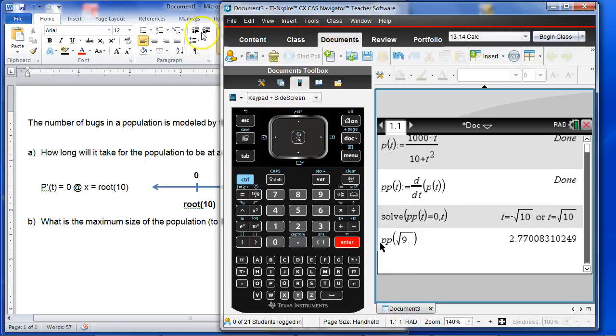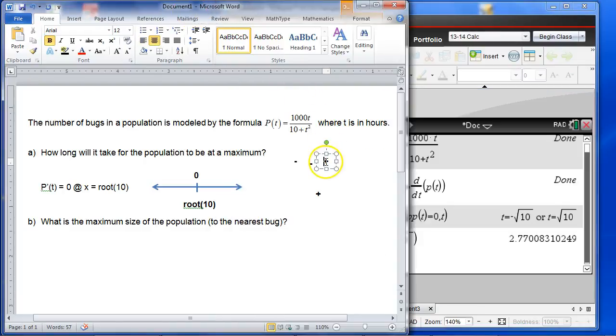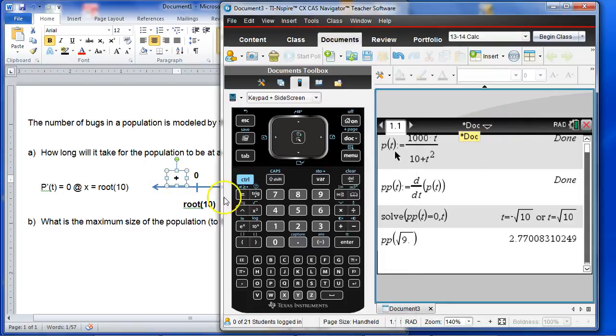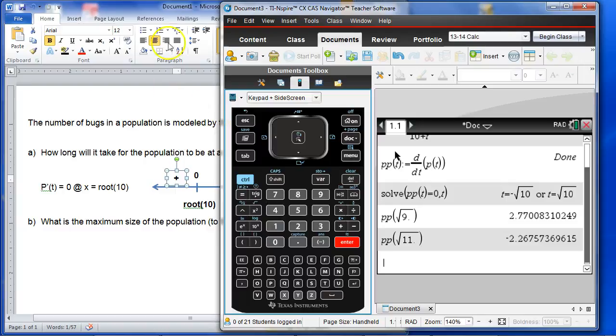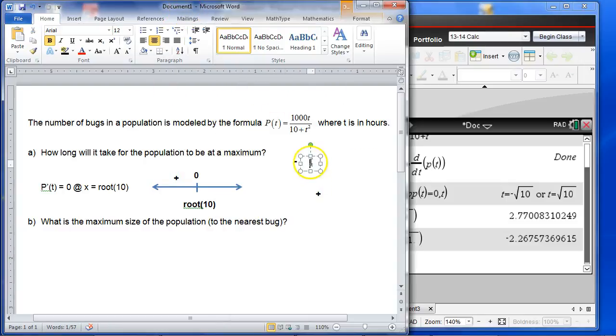So I'm going to add that positive number to my sign chart. And now I'm going to test a value greater than root 10. Test square root of 11. That's a negative value. So I'm going to add that to my sign chart.